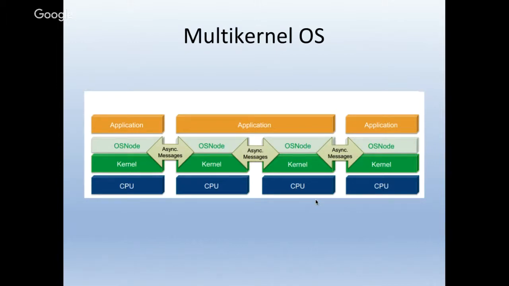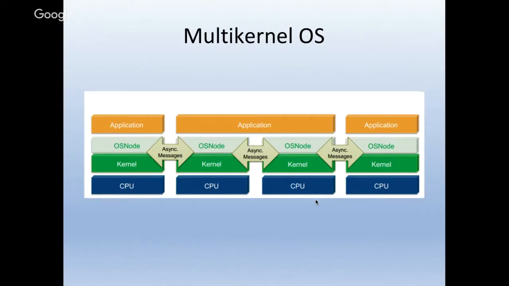So we argue that a good architecture model for dealing with dynamic cores, adapting to heterogeneous cores, or changing software requirements is a multikernel model. In a multikernel, each core runs a separate kernel program, and state is kept in per-core state in what we call an OS node.